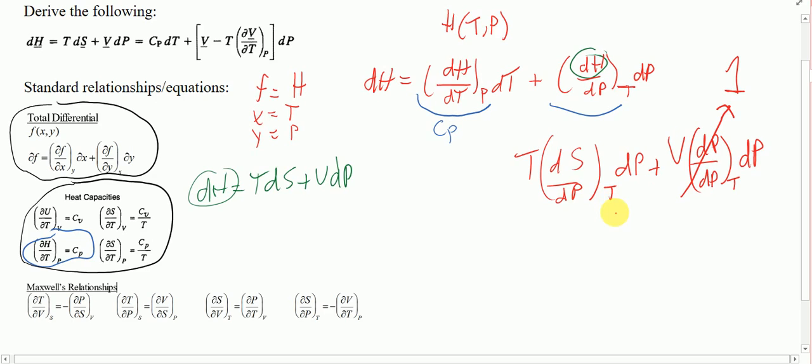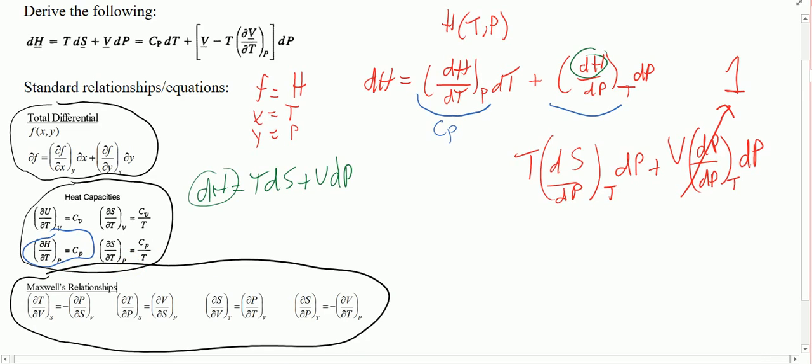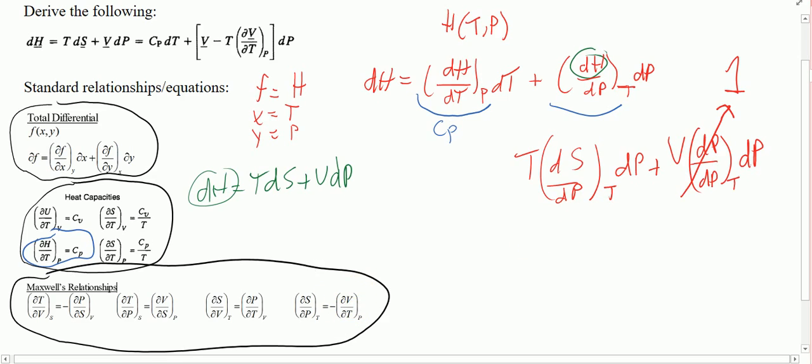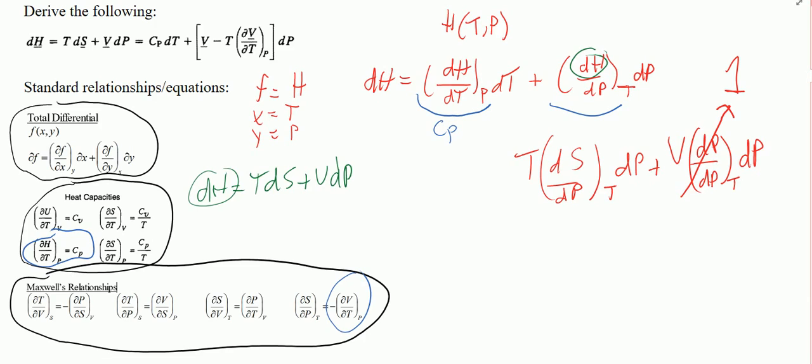We can look at the Maxwell's relationships at the bottom right here and see which one it will be equal to: S, P, and T. We can see that it is the same as this one, so (dS/dP) at constant T is equal to (dV/dT) at constant P, and don't forget the negative sign.